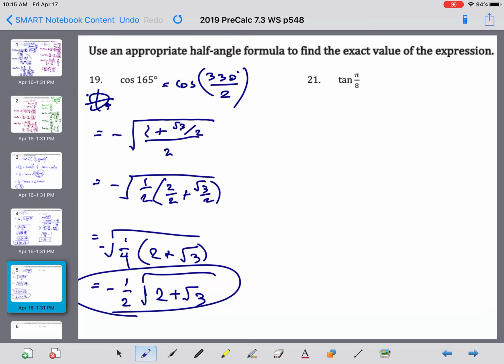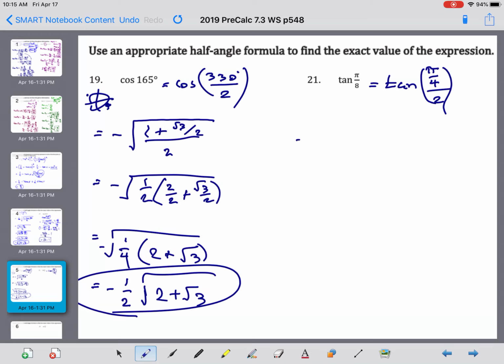This next one deals with pi units, radians. So I'm going to write this as pi over 4 divided by 2, a little bit gnarly looking fraction with a fraction in the numerator.